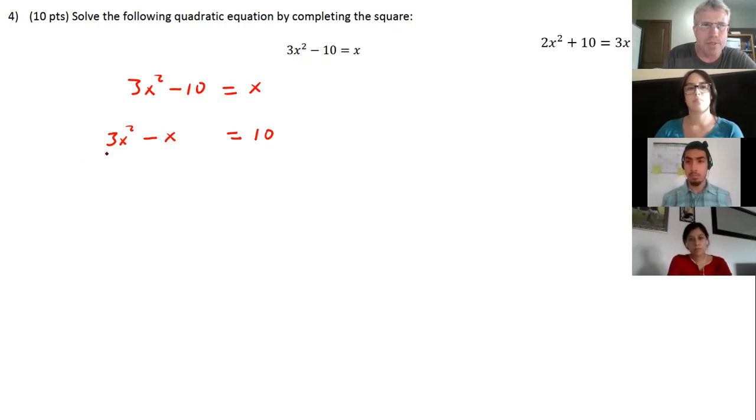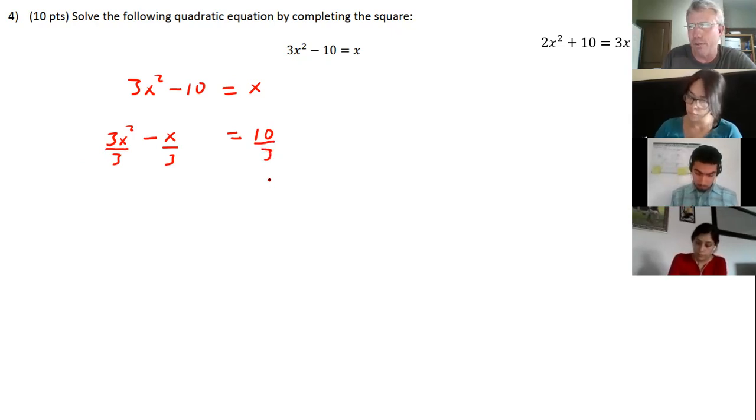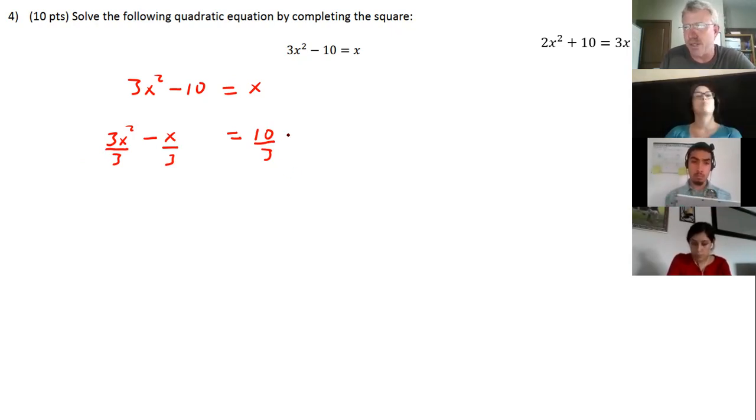So the next step is to get your 1, and you do that by dividing everything on the left by the leading coefficient, and whatever you do on the right-hand side, you have to do on the left. Whatever you do on one side, you have to do on the other. So if I divide everything on the left by 3, I've just made everything 3 times smaller on the left. The two sides won't be equal anymore unless I make the other side 3 times smaller as well. That's what division by 3 does.